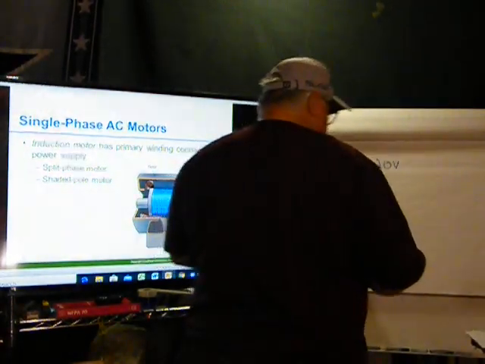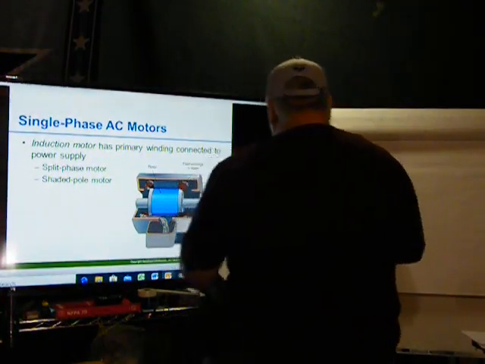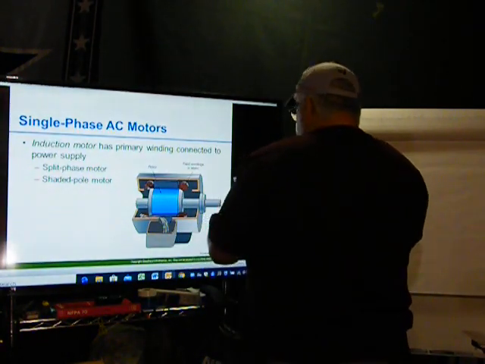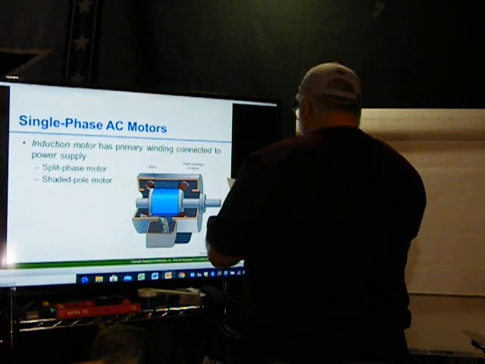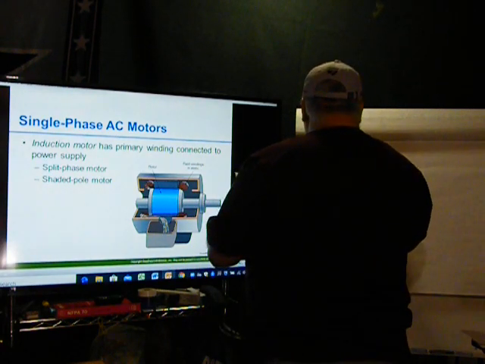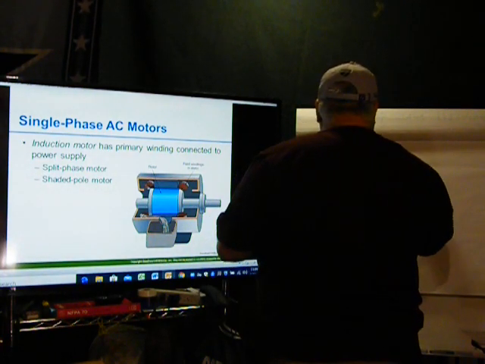Okay, I get the same 1 horsepower motor and I apply 3 phases, let's say 208. So 1 horsepower at 208 volt 3 phase is 4.6 amps.